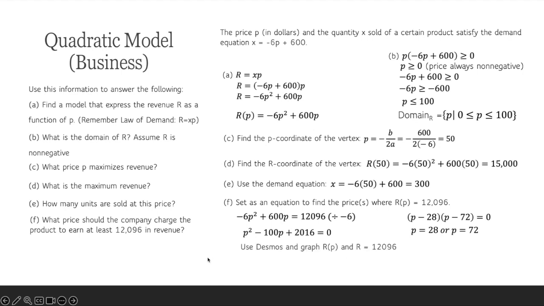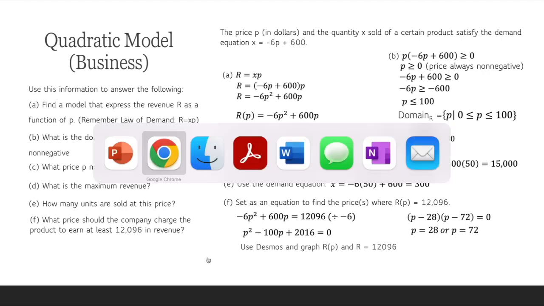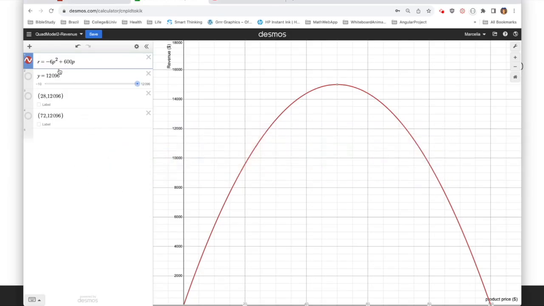For this, we're going to use a graph. Pay attention to that. I wrote my revenue function here, and I got this parabola that was expected, upside down. And I know that the vertex is at the $50 price with 15,000 revenue.